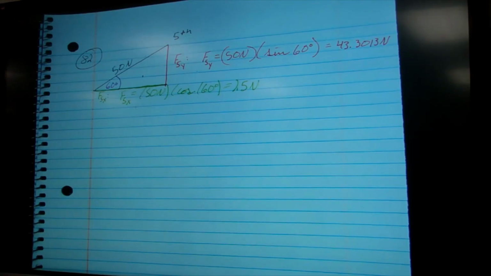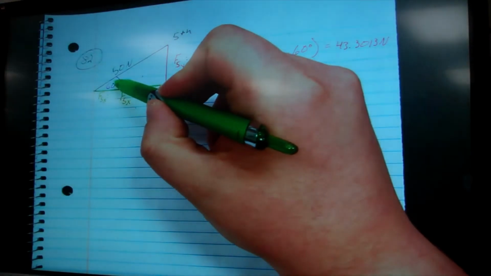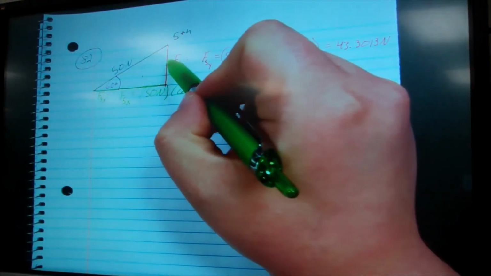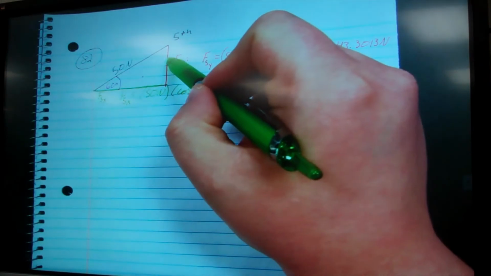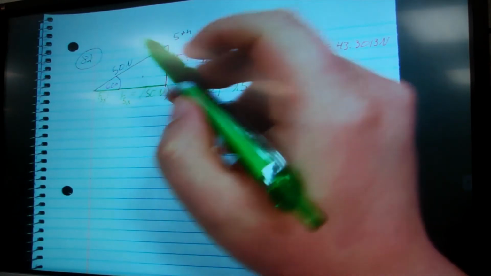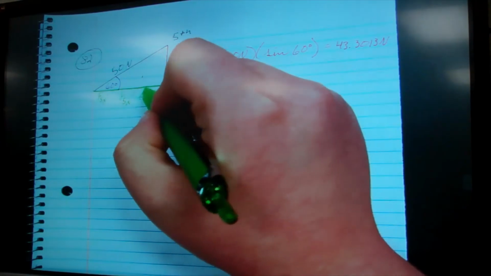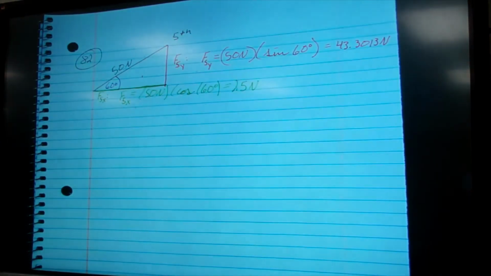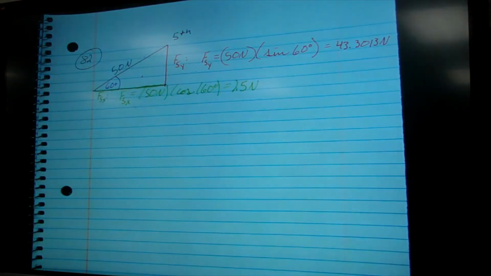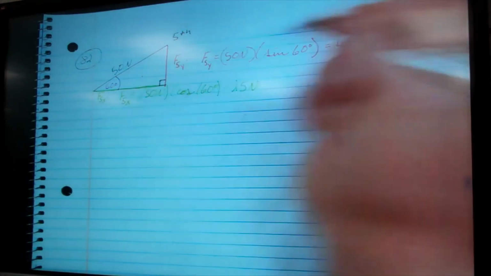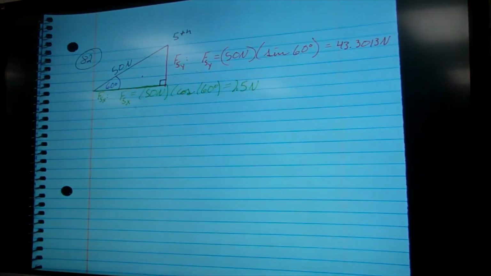If you understand how to get opposite or adjacent, then don't worry about it. The important thing is it's coming from this angle. The one it opens up to is the opposite side. The one that's part of the angle is adjacent. If the angle is touching it, adjacent. Except for the hypotenuse, which is always opposite the right angle.